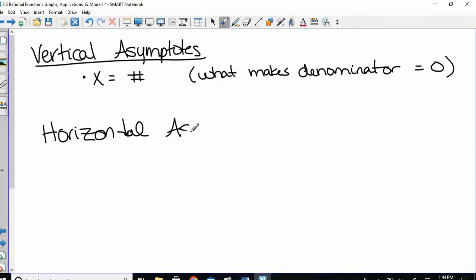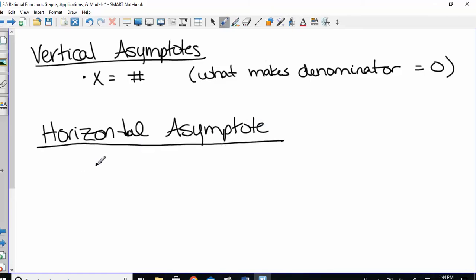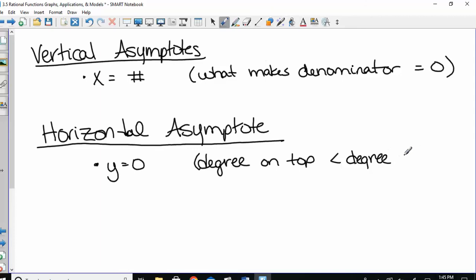So a horizontal asymptote, there's actually different cases. It'll be y equals 0 anytime the degree on top, or the degree of the numerator, is smaller than the degree on the bottom.